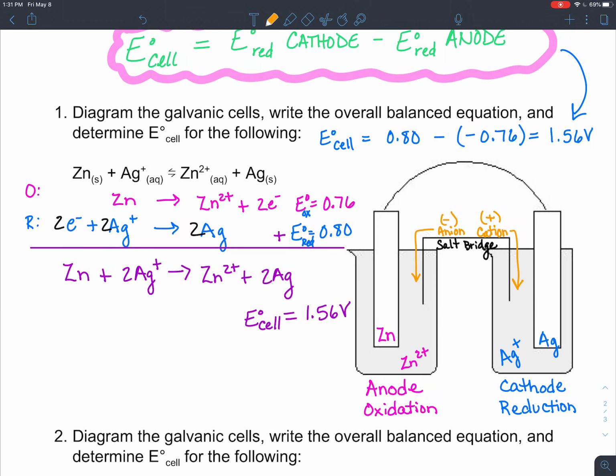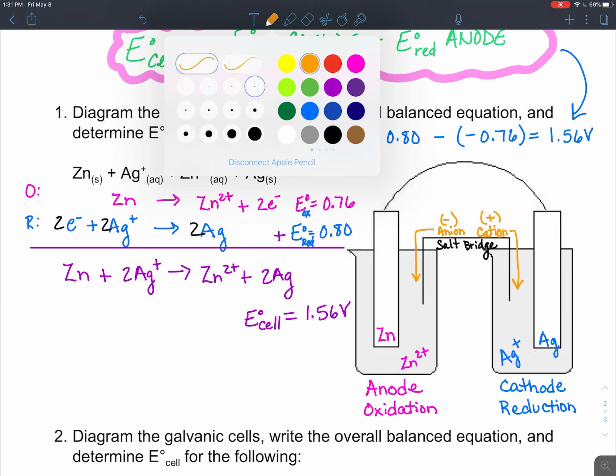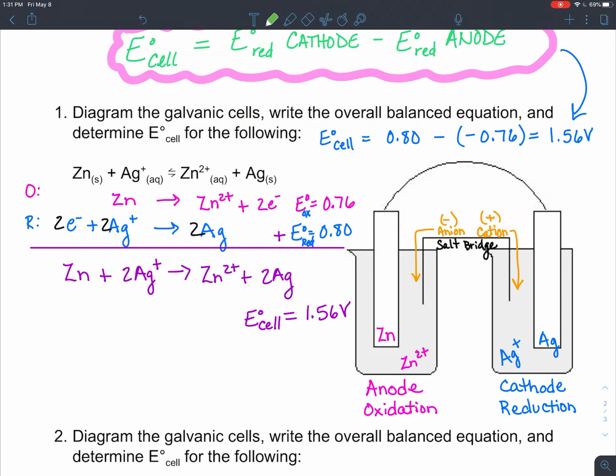So then the question becomes, which direction are our electrons traveling? Our electrons always travel from the anode to the cathode, from the oxidation half reaction to the reduction half reaction. And so we know that our electrons are traveling this direction.